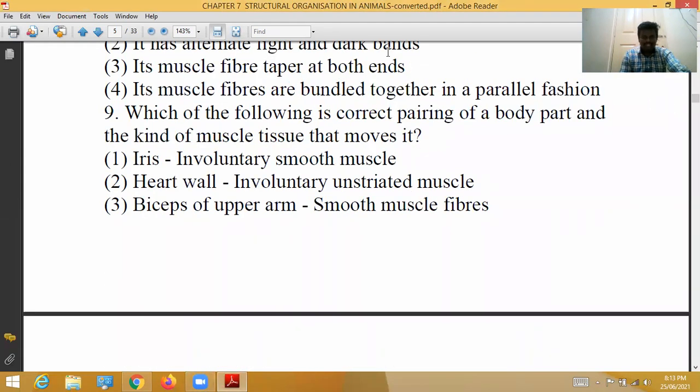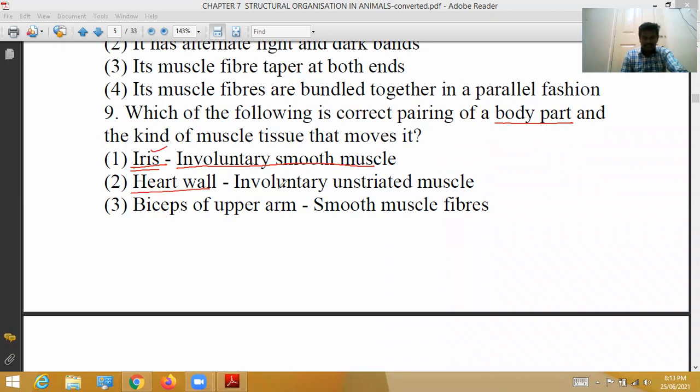Which of the following is the correct pairing of a body part and the kind of muscle tissue that moves it? Iris, involuntary smooth muscles, found in the eye.